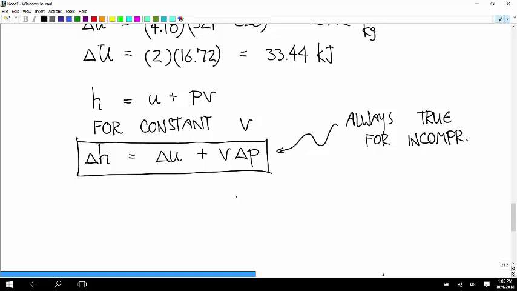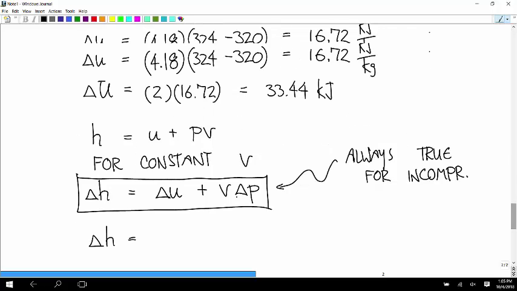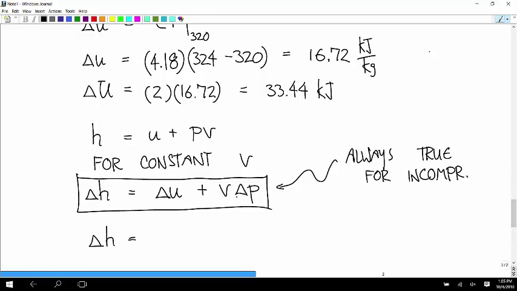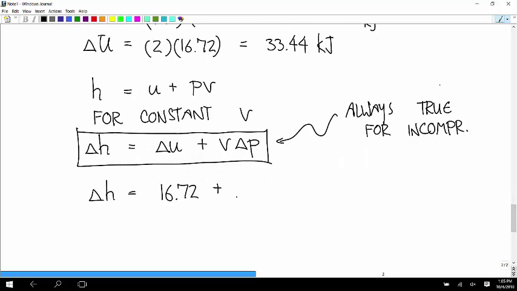Because we're treating that V as a constant, the change in specific enthalpy is equal to the change in specific internal energy, so that's 16.72 kilojoules per kilogram, plus the specific volume, which is a constant, I'll deal with that in a second, times the change in pressure.